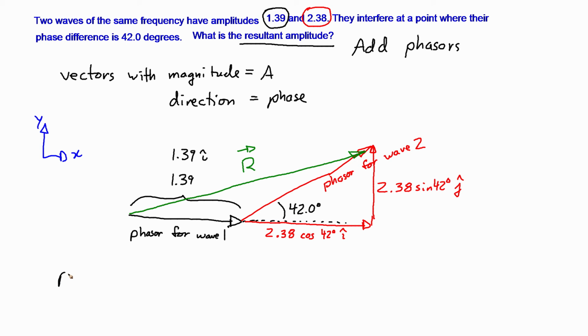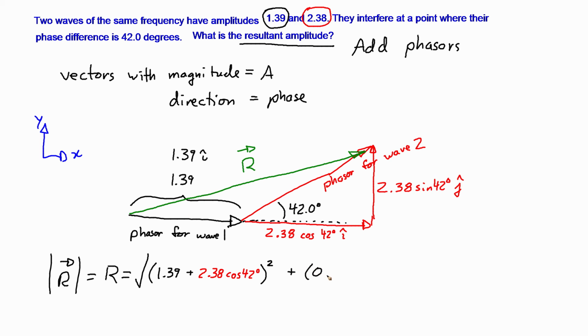The resultant amplitude, so I take the amplitude of R, which I can write with the arrowhead on top as a short form, is going to be V. It's going to be the square root of the sum in x squared. So I'll have my 1.39 plus 2.38 cos of 42 degrees. That's the resultant x component squared, plus the resultant y component squared.